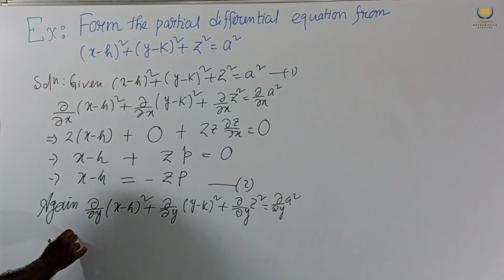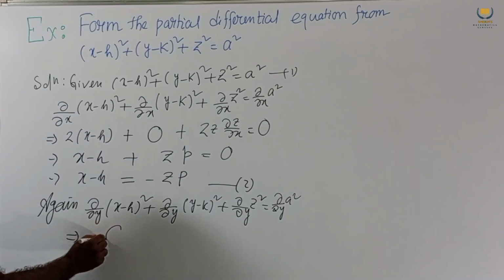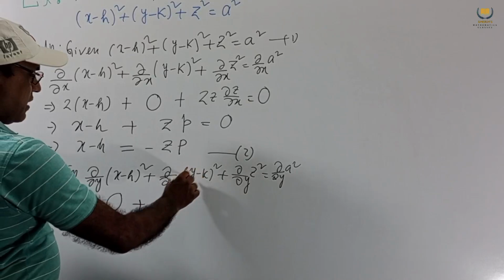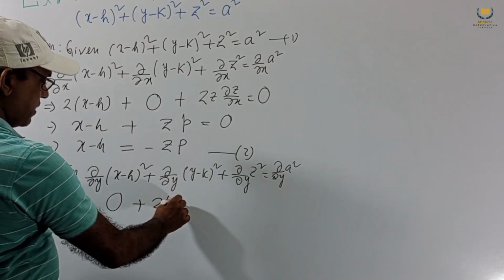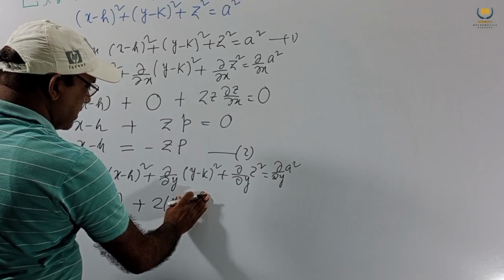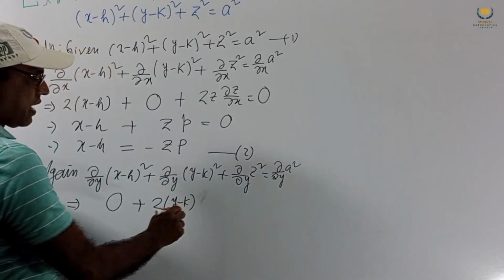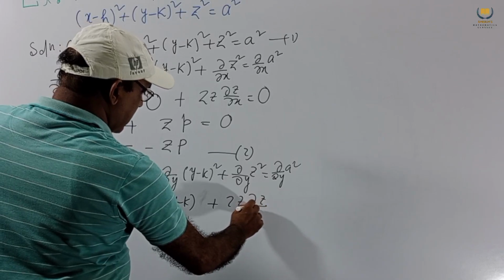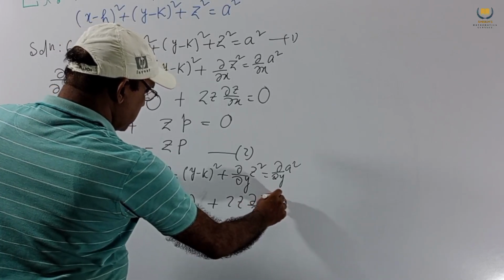And here we differentiate partially with respect to y, so x is constant and this is 0. If we write directly, this is 2 times (y minus k) into 1 we get. And this is 2z del z by del y, equal to 0.